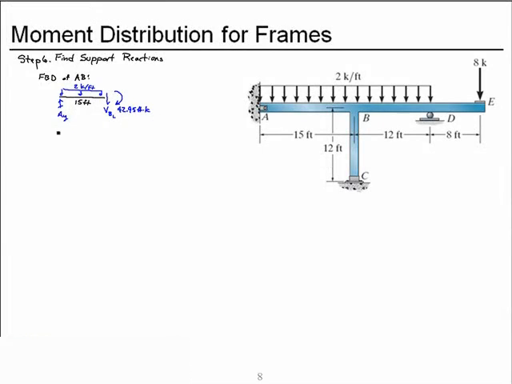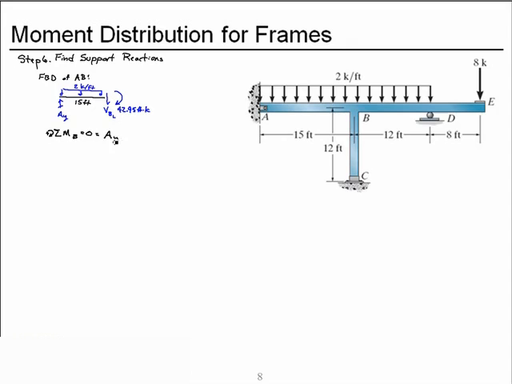So let's sum moments about point B, and I'm going to choose clockwise as positive for my summation. The choice is mine, but since we draw our moments clockwise in moment distribution, that's my choice.